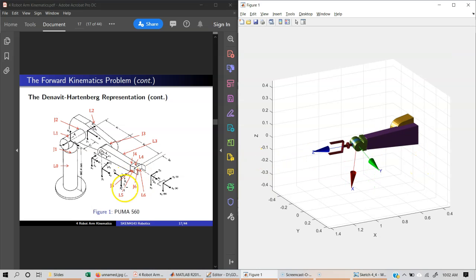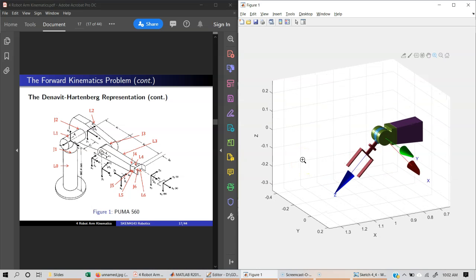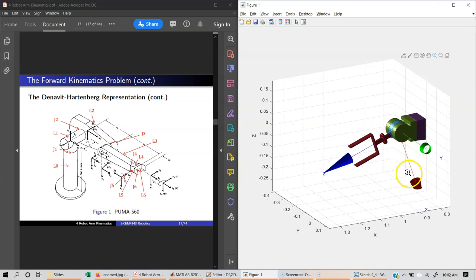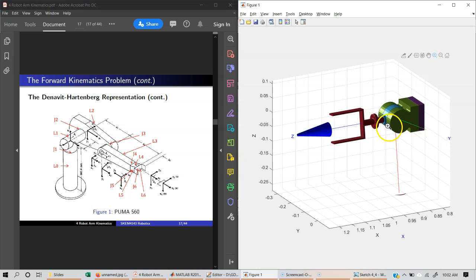We have joint number 5 right here, and this is the axis of rotation. And finally we have joint number 6, which is here, and the axis of rotation is along this line.